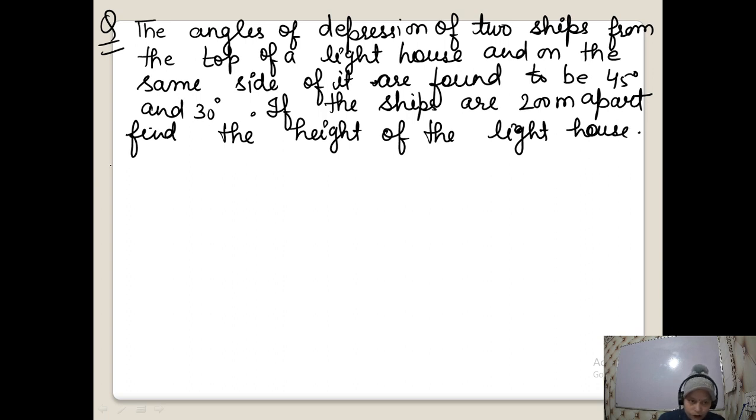Now you can solve this question by this method. First of all, you have to draw the diagram. The angles of depression of two ships from the top of the lighthouse on the same side of it are found to be 45 and 30 degree.